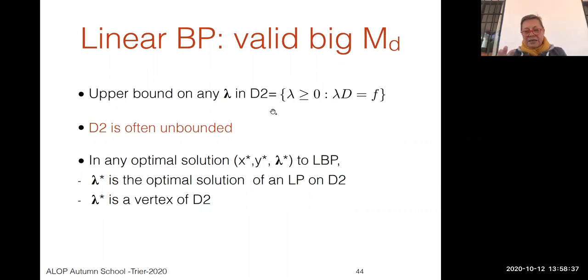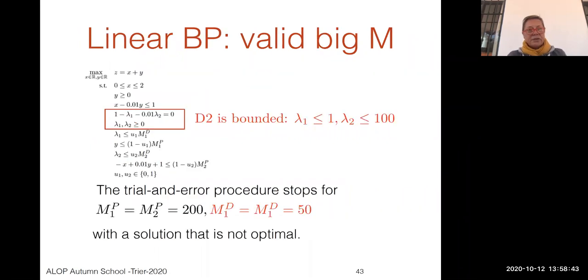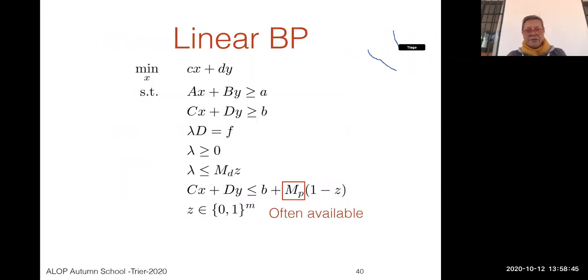So let's concentrate on a bound for those dual big M. So assume that now we say, okay, we know well enough our problem to be able to find big M that are valid for this group of constraints, which is often the case.